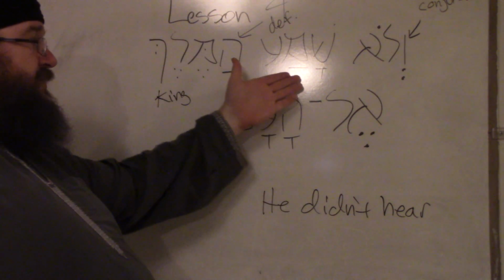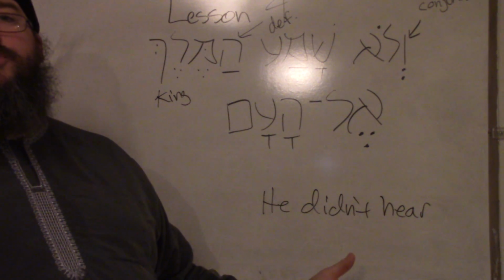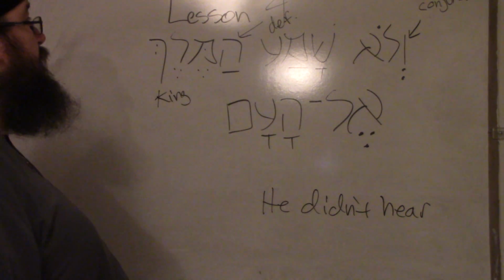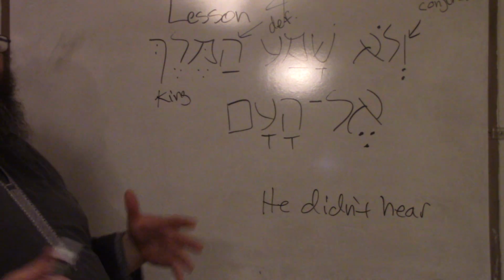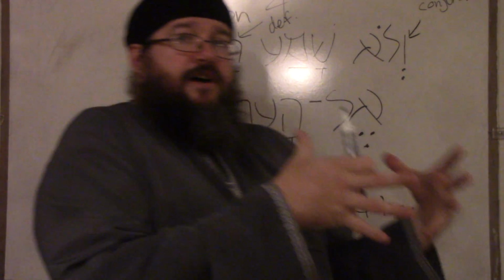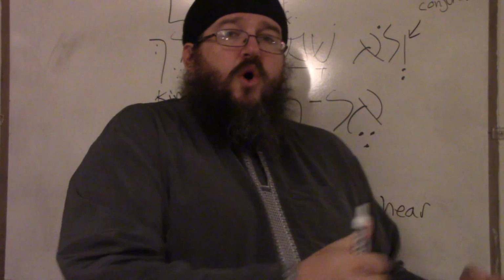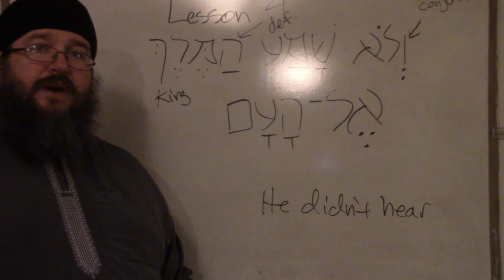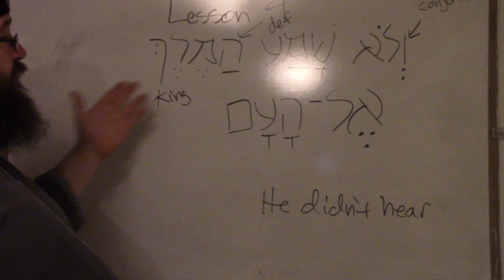If I don't have a preposition in front of it, then I have one more choice. Is it the subject of the verb? Because the only time we're going to see hey in front of a noun is because we're either going to be the object of a verb or the subject of the verb. There's nothing else that you have.